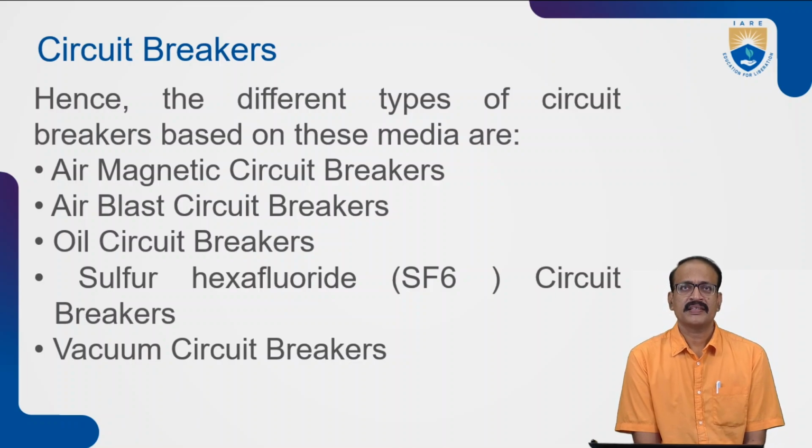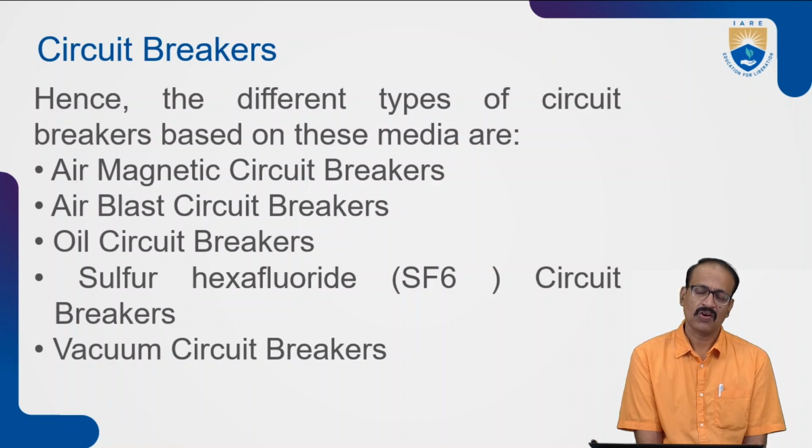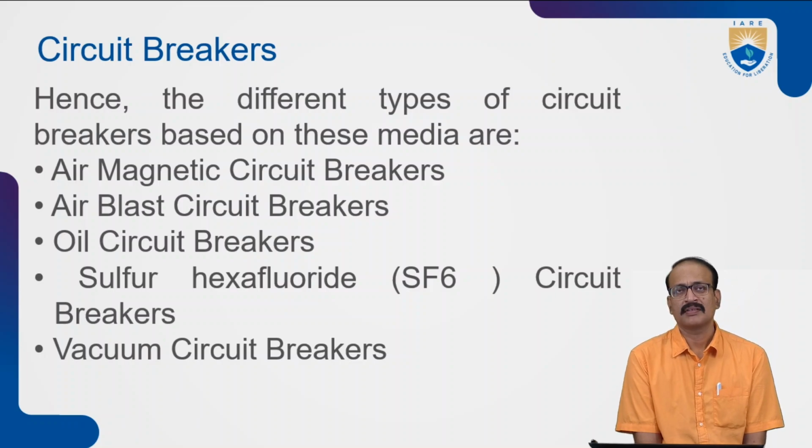In the air magnetic circuit breaker, we use a mechanism which is not part of the circuit, a coil, to attract the arc. That's why we call it air magnetic.